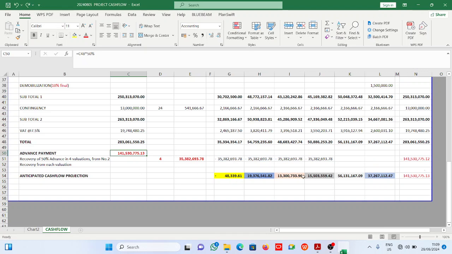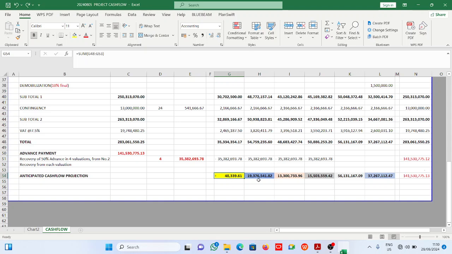Now of course, the sum here also having amortized, it means in month 1 from the client's cash flow forecast, the contractor will not be receiving any further money from here because he will be owing a sum of 48,000 naira only.